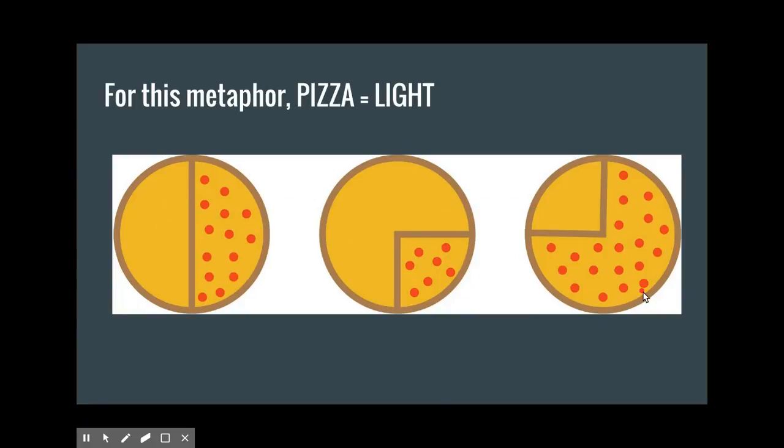It doesn't care. It just wants a whole pizza. All right? So here, we could say, you're letting in half your light with your shutter speed and half with your aperture, or maybe you're letting in more light with your shutter speed and less with your aperture, or less with your shutter speed and you're letting in more light with your aperture. It all ends up being the same.